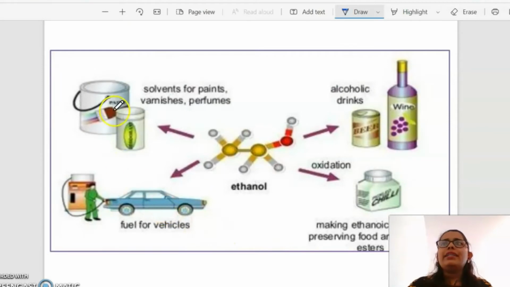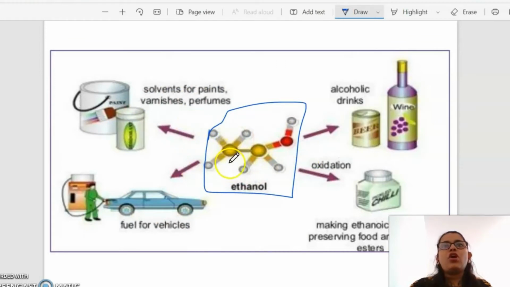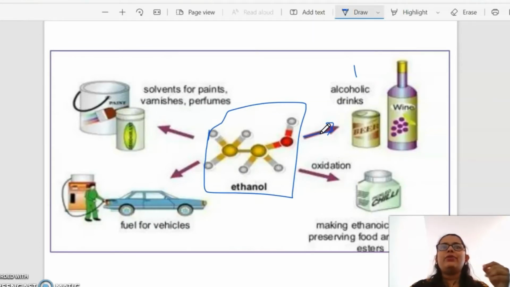Here in this diagram you can see the ethanol molecule drawn in the ball and stick model. It is also used in different types of alcoholic drinks, that is beer, whiskey, vodka. They contain a small percentage of ethyl alcohol, right?